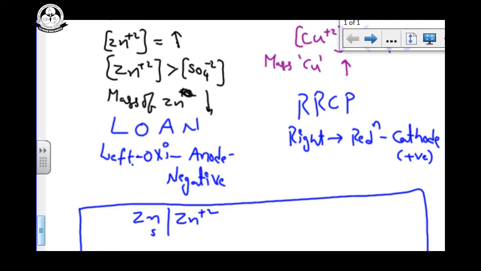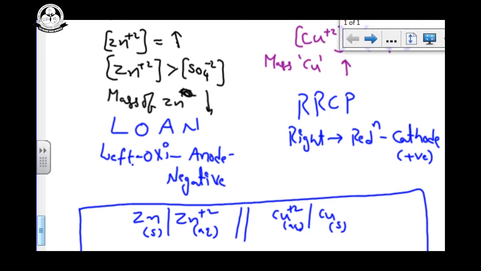Zinc is solid, zinc ion is aqueous. This happens at the anode. At the cathode, copper ions become copper. Copper is solid, copper ion is aqueous. The two are in different phases, separated by a single slash, and there is a salt bridge. This is the cell representation of the galvanic cell.